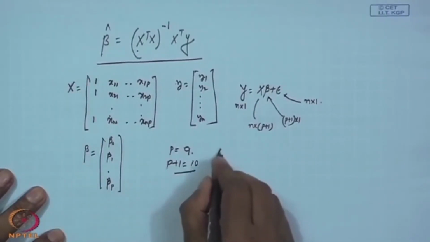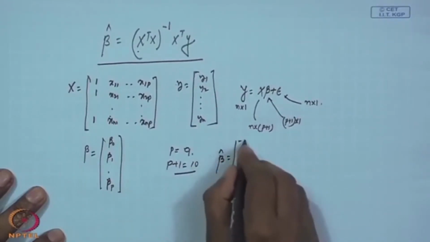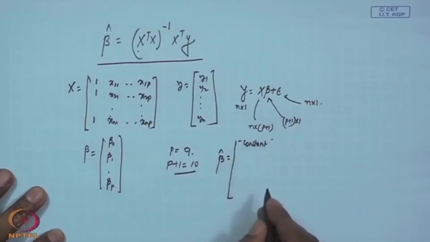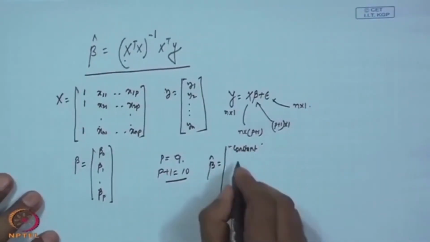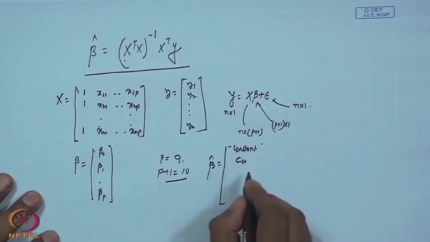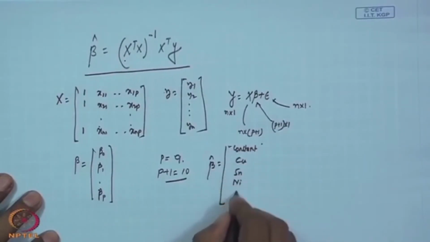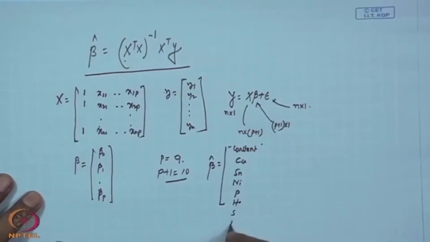Your estimated beta: the first one is the constant, the second is copper related, then silicon related, nickel related, phosphorus related, hardness related, and also speed, feed, depth of cut and humidity.